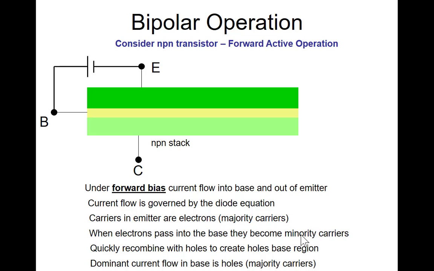But something happens. If you've got current flowing through this junction, you've got hole current here and electron current on the other side. So something has to change when they go across that junction to become majority carriers again. If those holes went across that PN junction, they would be minority carriers in the emitter region. So when electrons pass into the base, and actually the current flows in this direction, but the convention that was established was that current flow is in the opposite direction of electron flow.